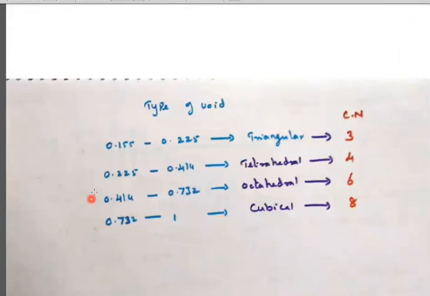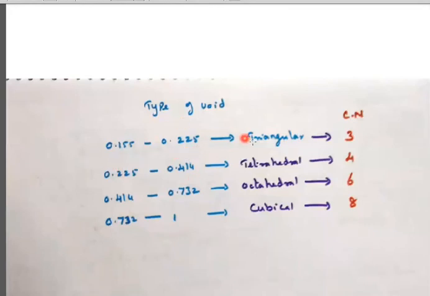This 0.5 approximately is the radius ratio value. So learn this table by heart: 0.155, 0.225, 0.414, 0.732. Once more I am repeating: 0.155, 0.225, 0.414, 0.732, and 1.